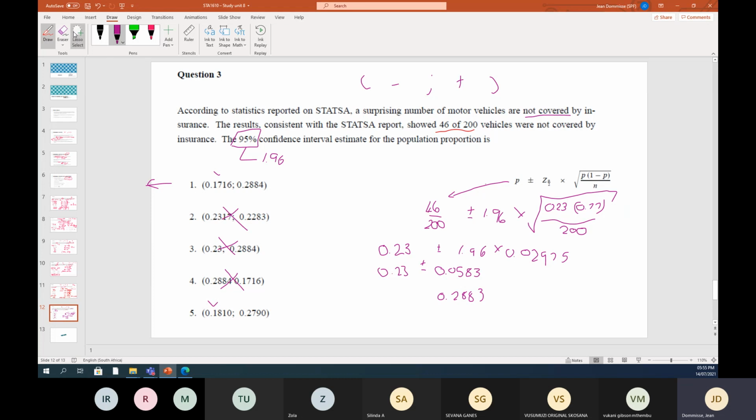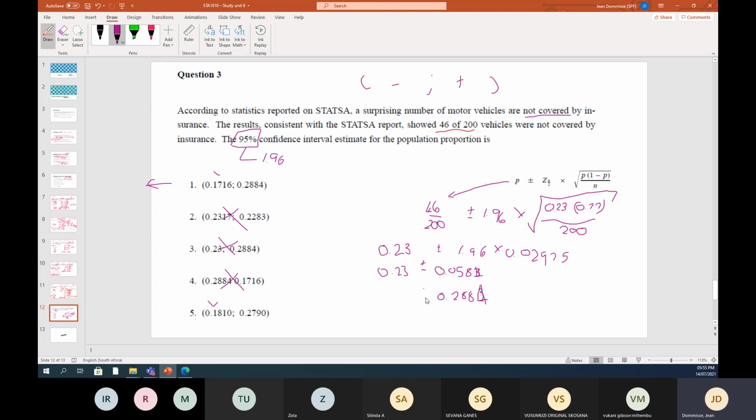Okay, I see I made a mistake; it should have been a 4. So that can be a 4. That's just rounding off. You won't get in the exam one answer of 0,2884 and one of 0,2883. You won't have that in the exam.